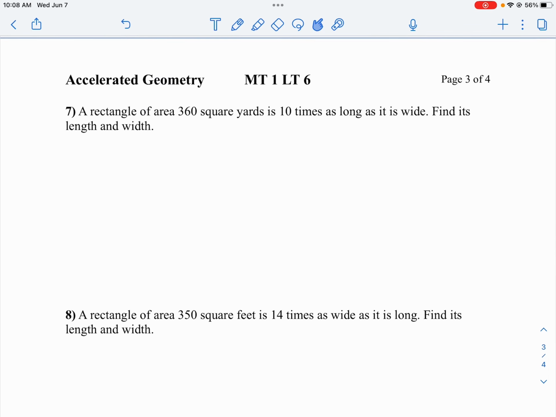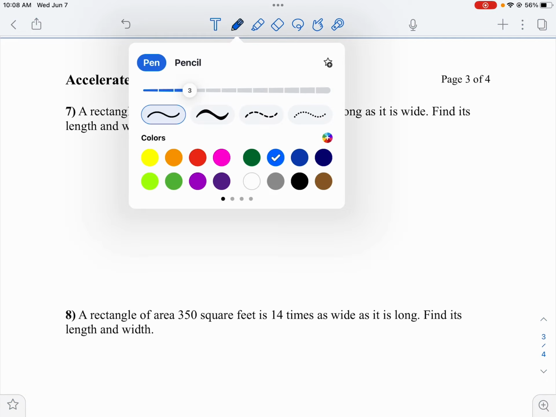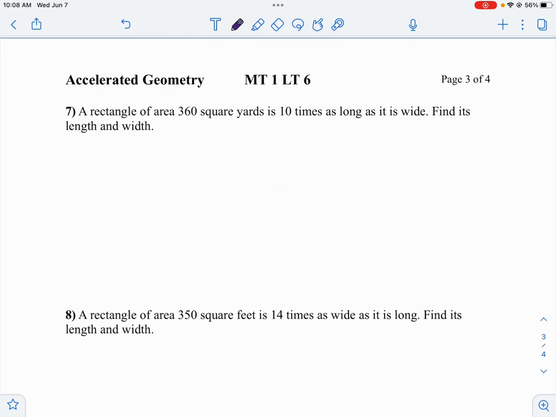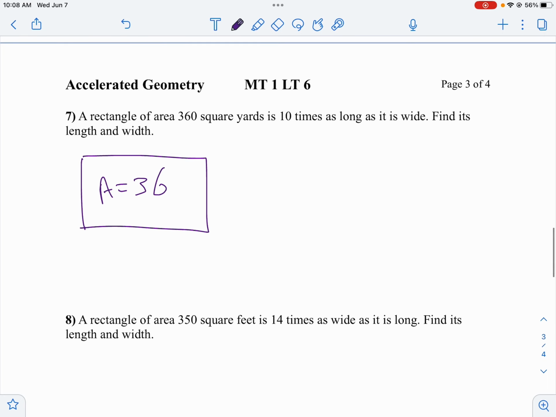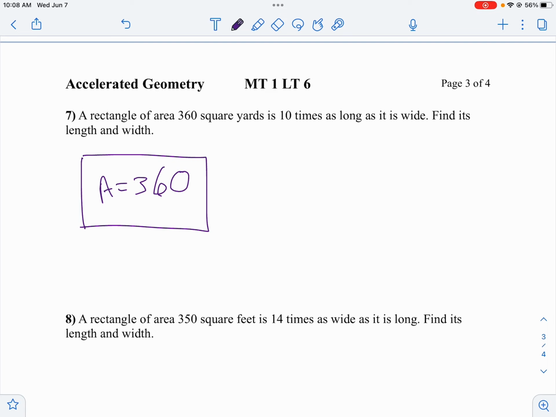Now if we take a look at number 7, we've got this rectangle that has an area of 360. So let's draw a picture out so you can see that. And we know it's 10 times as long as it is wide. So what I'll do is I'll call the width x and the length 10x. So we know area equals length times width, or 360 equals x times 10x.